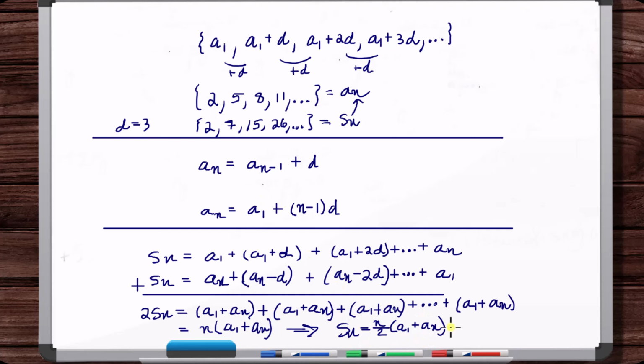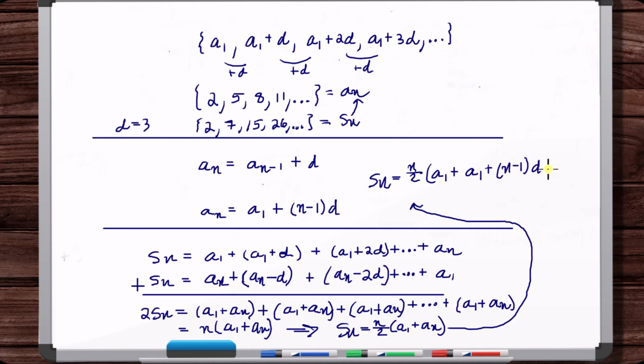So we could say s sub n is equal to n over 2 times a sub 1 plus, now a sub n is a sub 1 plus n minus 1 times d, plus a sub 1.